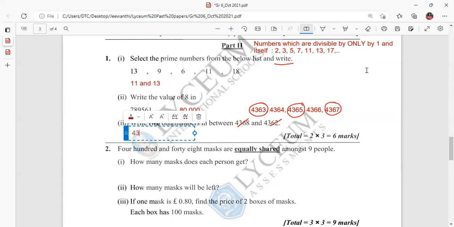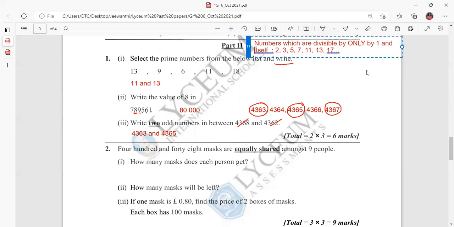So then that should be 4,363 and 4,365, or any other pair that you want to select. Here it's about the prime numbers, the place values and odd numbers and even numbers, right? So then we will move to the next question. Hope it is clear for you.